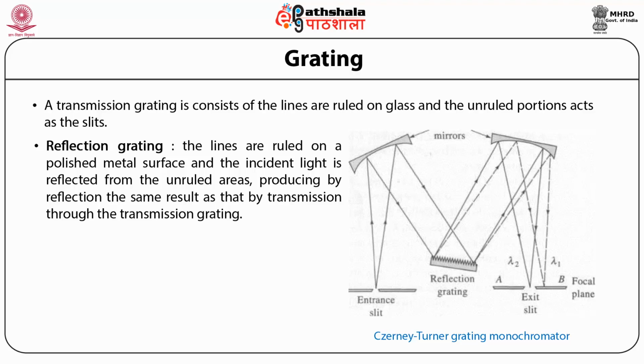Depending upon the shape of the ruled surface, one can also distinguish between plane and curved gratings. Curved reflection gratings have focusing capability depending on the radius of curvature of the surface, which will be superimposed on the diffraction effect of the grating itself.